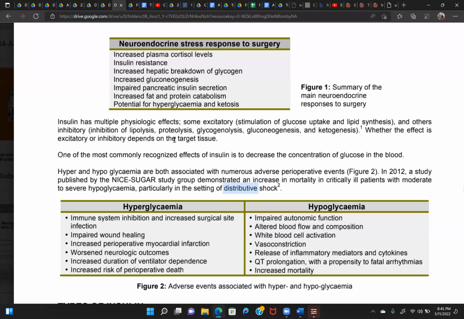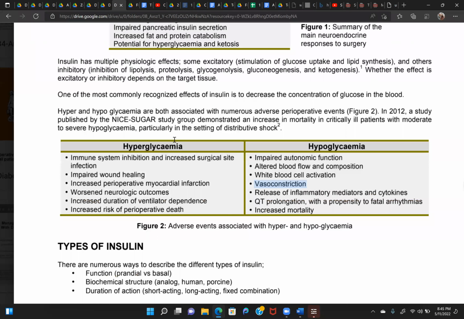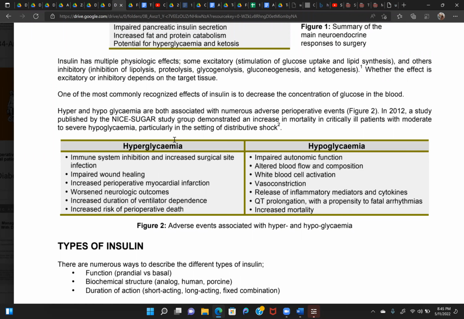Okay, and this is what I was telling you: impaired wound healing, increased perioperative myocardial infarction, worsened neurological outcomes. I did not mention this thing. Neurological outcomes are especially with reference to head injury or anything like that. For example, if the patient is going on CABG and is really hyperglycemic, it will affect the neurological outcome.